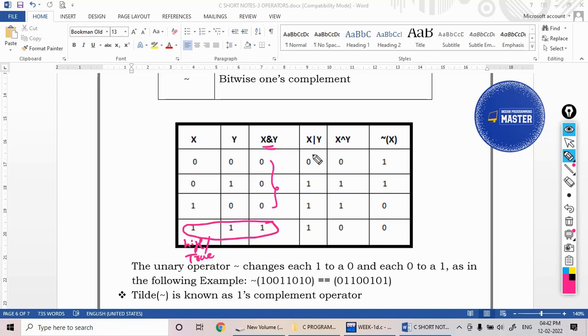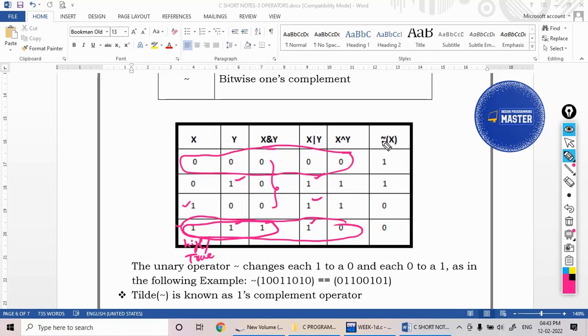Whereas in the bitwise or, if any one of the inputs is high, the output is 1, in the remaining case it is 0. Whereas in the exclusive or, if all the inputs are zeros, or if all the inputs are ones, then the output is 0. In the remaining cases the output is 1.